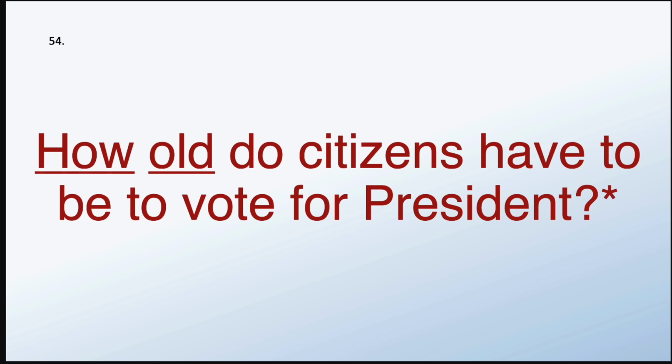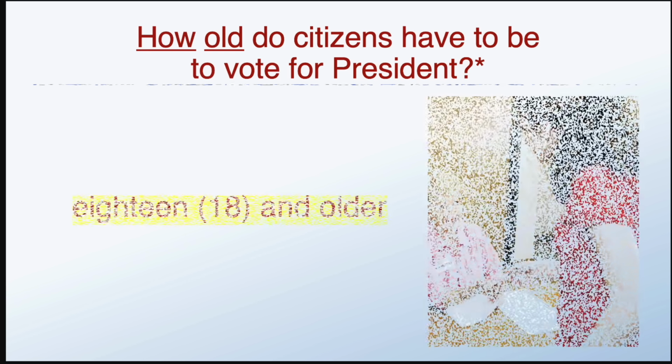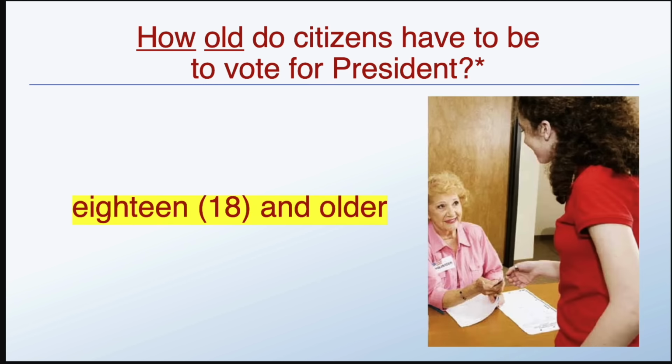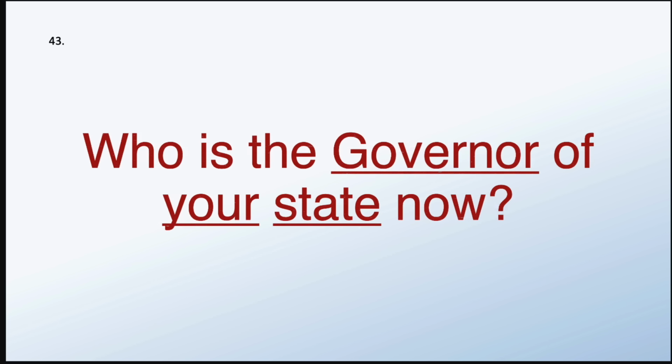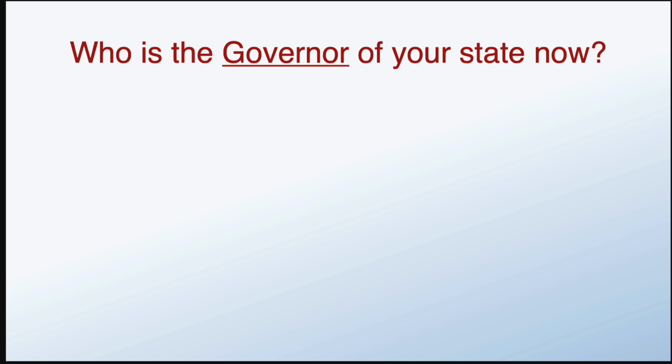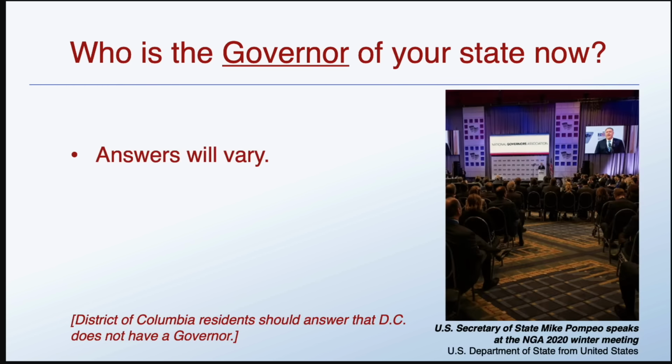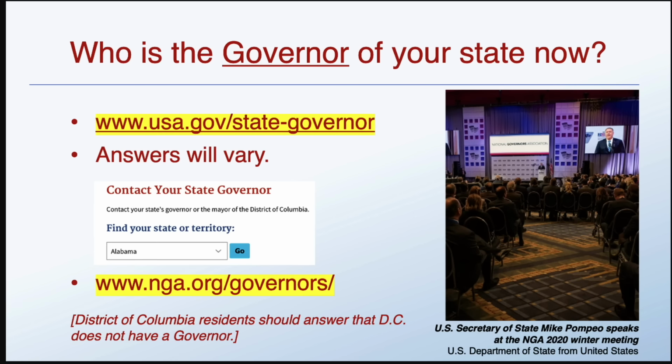How old do citizens have to be to vote for president? 18 and older. Who is the governor of your state now? Answers here will vary depending where you live.